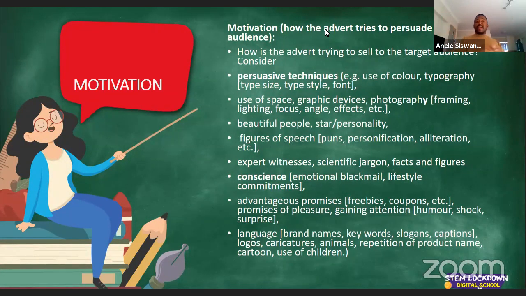And these are the things that we've highlighted, but now we're going deeper into those things. And again, language is very important. That is brand names, keywords, slogans, captions, logos. All of these things should be tools and techniques. Technique, basically, is what it is that you do.